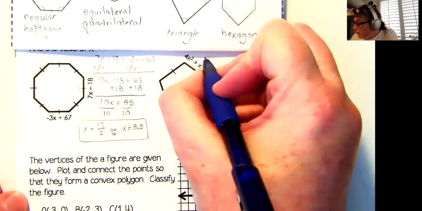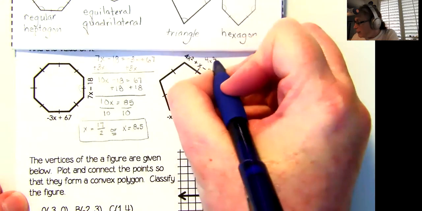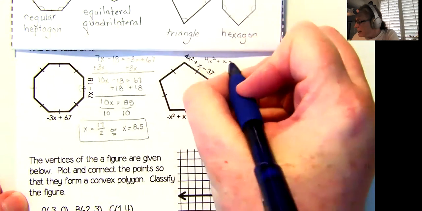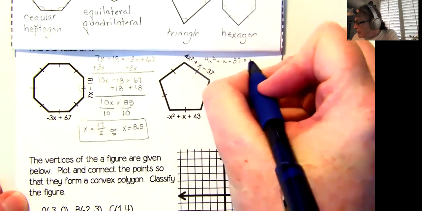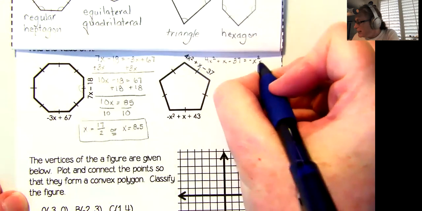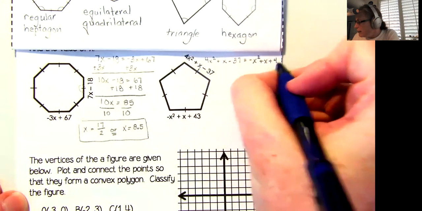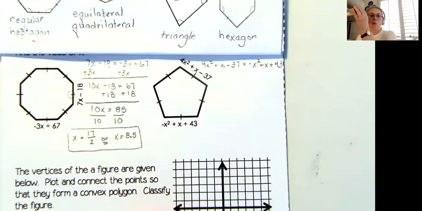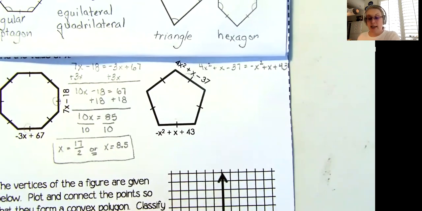So I can set my 4x squared plus x minus 37 equal to negative x squared plus x plus 43. Because we've got a quadratic, I want to get everything over to the left.